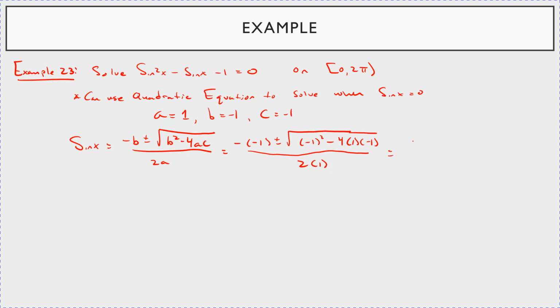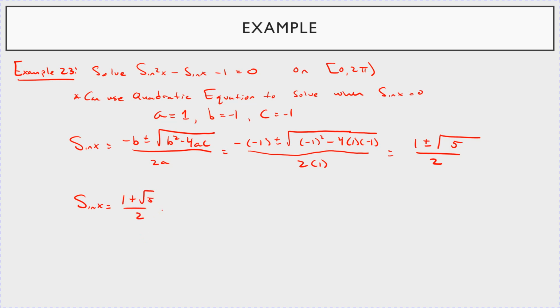Well, that's 1 plus or minus the square root of 1 plus 4, so this is the square root of 5 over 2. So you have two solutions, right? You could have sine of x be equal to 1 plus the square root of 5 over 2.